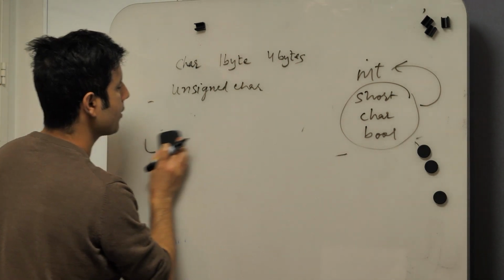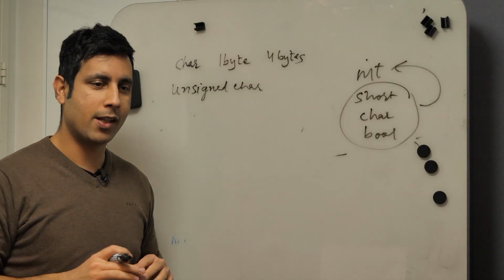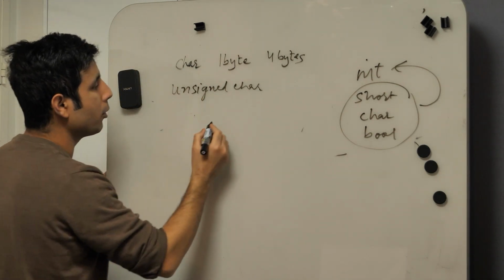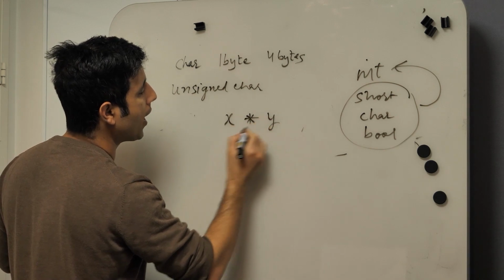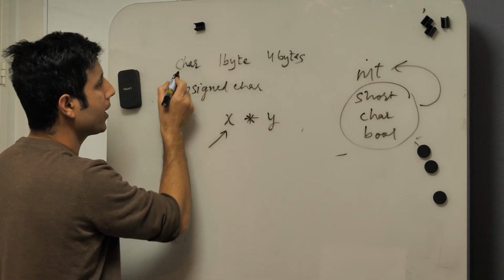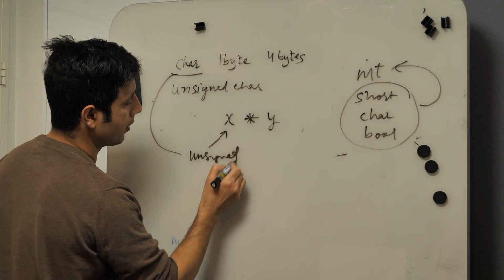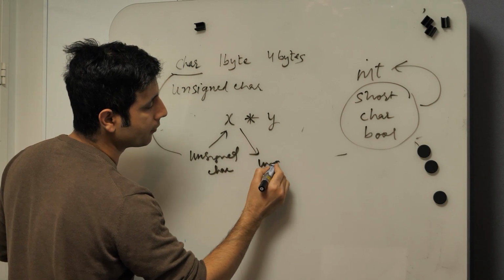Because integer promotion is always designed to be lossless, if you have an operation x asterisk y, where x in this implementation is an unsigned character, then this would be promoted to unsigned integer.